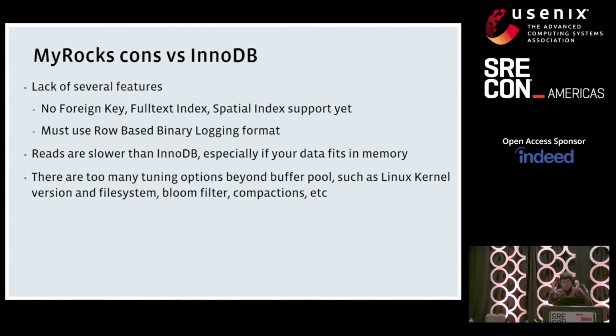So if your database is heavily read intensive and most of your data fits in memory, then InnoDB is much faster than MyRocks. In our use case, our database is very large and doesn't fit in memory, so most reads hit the storage. Storage I/O is relatively more of a bottleneck, and our database is relatively write intensive because we have a huge cache. So this was not a big limitation for us.